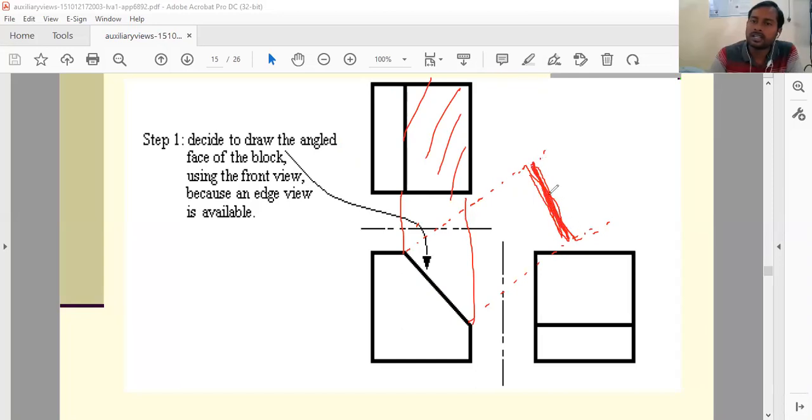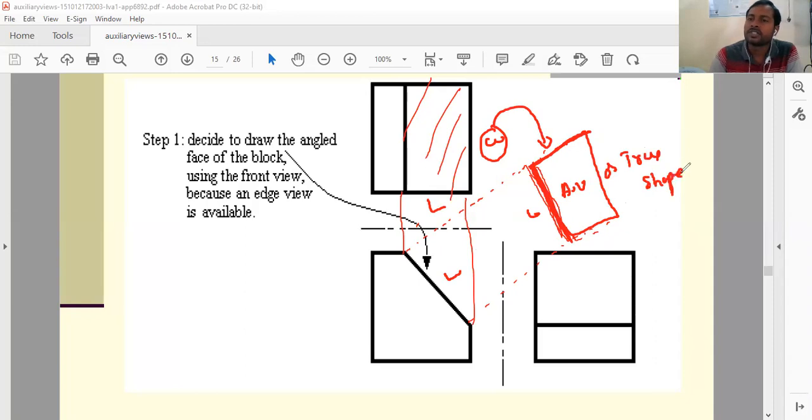So this is the length, this is the width. This length is equal to the length of the inclined portion. Next, this width is equal to the width of the auxiliary view where you want to draw. So this is the auxiliary view, nothing but the true shape. I think everybody has got some idea how to draw the auxiliary view.